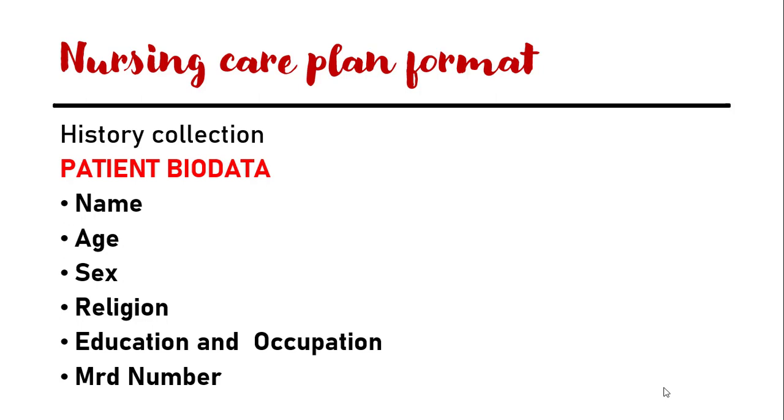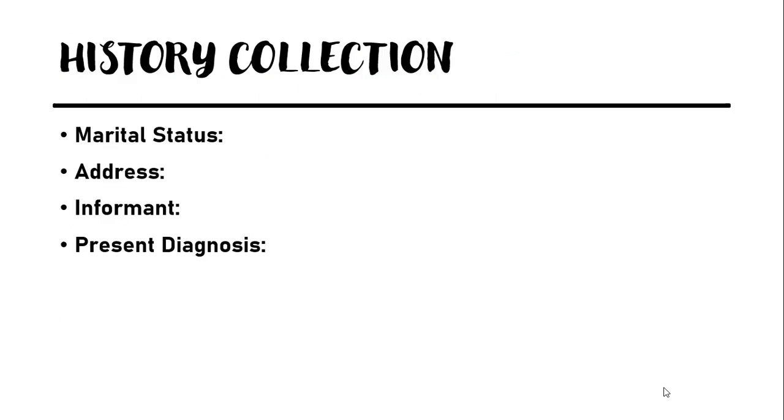Under history collection, again the subheading is patient biodata. Under patient biodata, you have to write name, age, sex, religion, education and occupation, MRD number, that is medical record number. This kind of identifying data of the patient you have to write under history collection. And marital status of the patient, address of the patient, and informant, that means who is giving information about the patient.